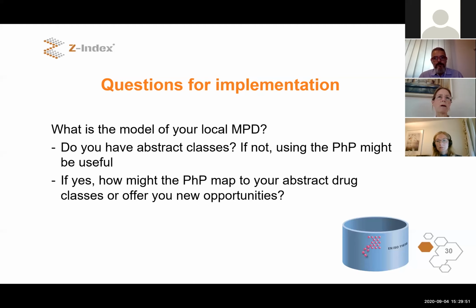And how can you benefit from the extra data in the PhP that you don't have in your backbone, or maybe you have extra abstract levels that are not in the PhP? So you should figure out how these two can map together. Where are the gaps that you have to bridge, and how can you benefit from the PhP?